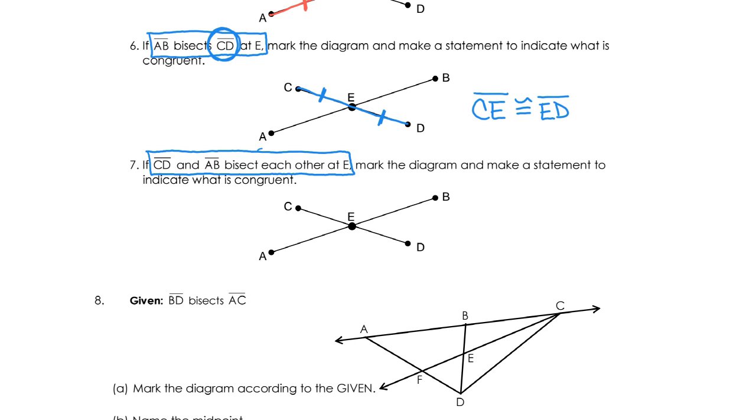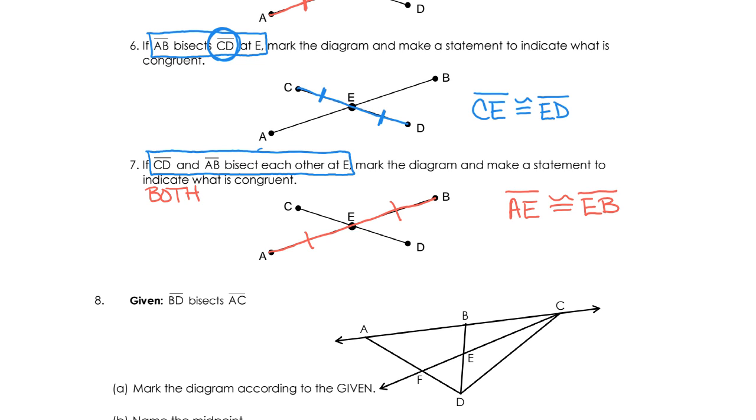So now who gets cut in half? Both of them. They're cutting each other in half. And so if AB is being cut in half, we can locate it and tick mark its one half, tick mark its other half, and state the two halves that are equal. One segment that's equal is AE. It'll be congruent to the other segment that is marked, which is EB.